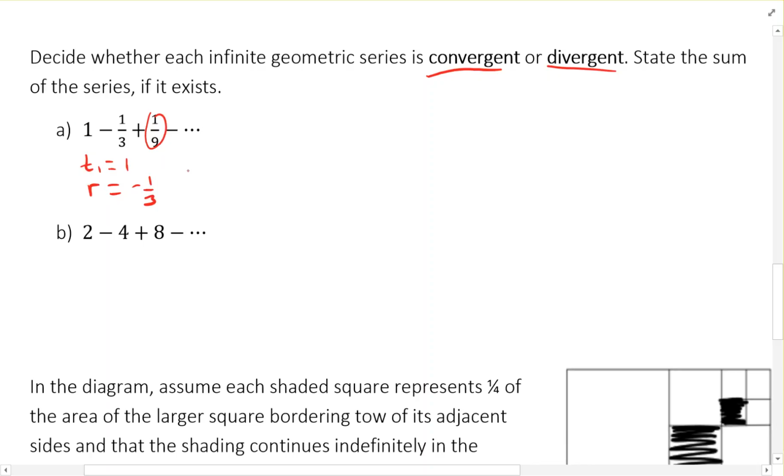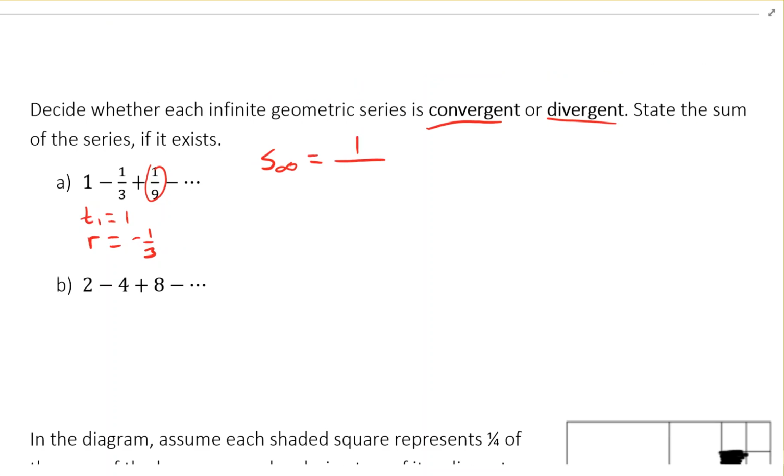Now if we put this in, we will actually get a number for it. S infinity is going to be T1, which was 1, over 1 minus a third. It's really 1 plus a third.